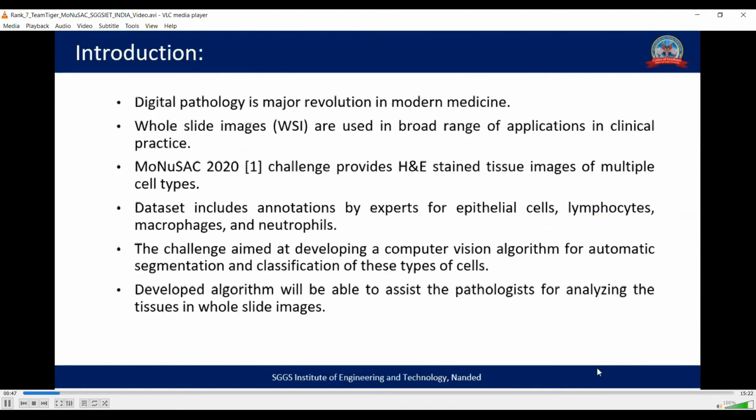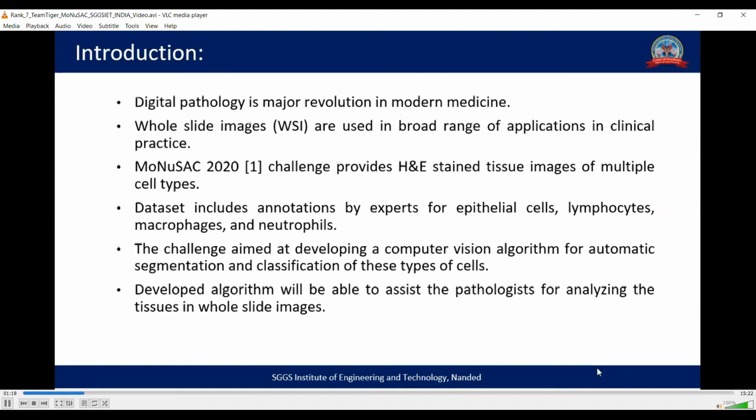With the improvements in hardware and software, digital pathology has risen in popularity and has become a major revolution in modern medicine. Whole slide images acquired with highly automated scanners are widely used in a broad range of applications in clinical practice. In this regard, to utilize the rich data available in whole slide images, the MoNuSAC 2020 challenge provides hematoxylin and eosin stain images of multiple cell types.